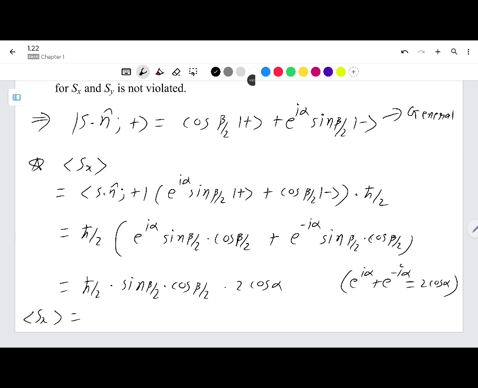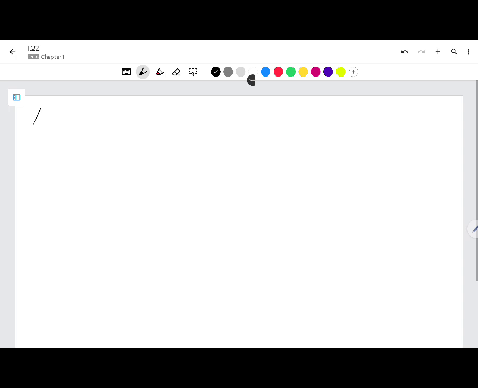Okay, so this will give us h bar on 2 sin beta cos alpha plus. Okay, so this is the expectation of Sx, and we know that this squared value will be nothing but h bar squared by 4.